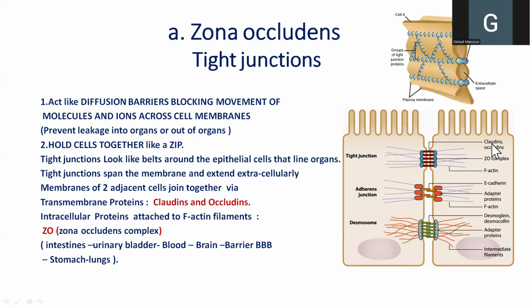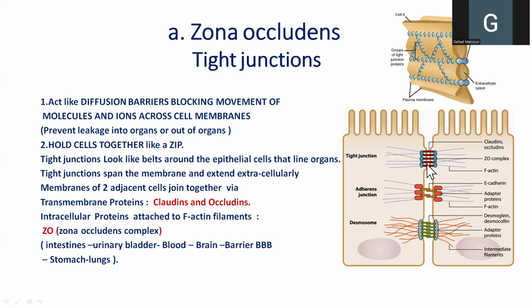They are of two types. And then the ZO complex proteins are connected to very thin filaments, which we call the F-actin filaments. So you can see that the actin filaments play a role in the formation of the structure of the tight junction. And you can also see that the tight junctions are the most superior, meaning that they are towards the lumen.